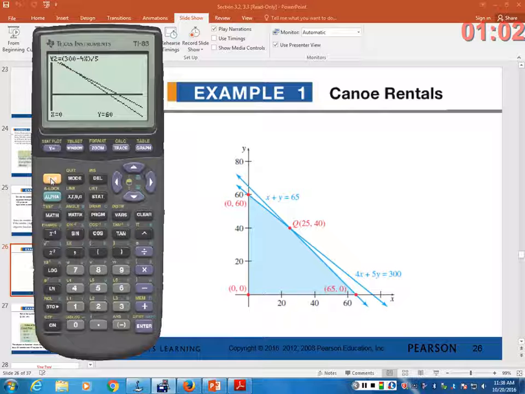And then if I want to find the x-intercept, I could find it by using the root function or the zero function. So I'm going to trace over close to it.